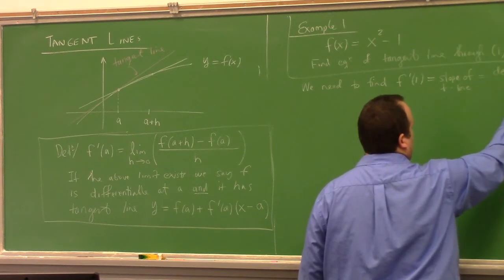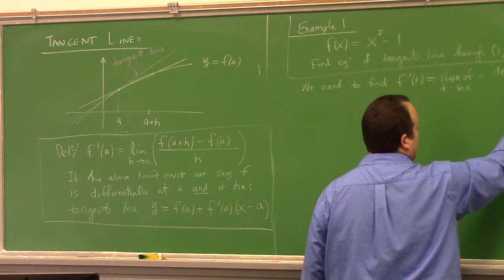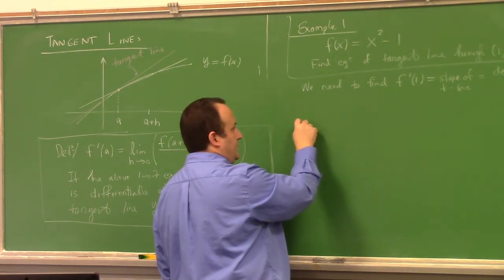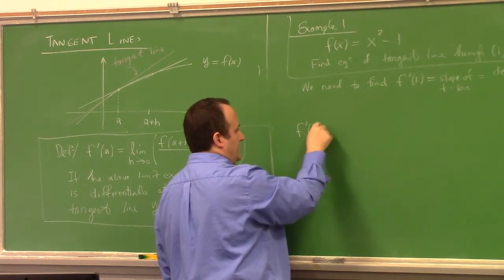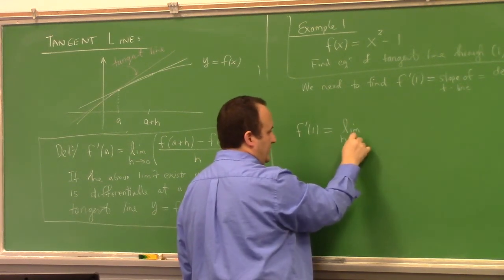Derivative of f of x at 1. I usually use a equals 1. But anyway, so we need to calculate f prime of 1. Hopefully it exists, right?